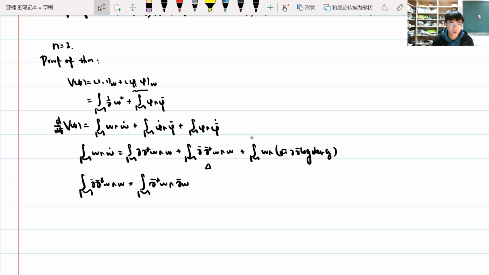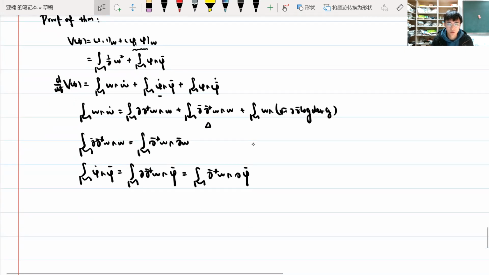And we can treat this term by integral by parts as well, using the fact that omega plus phi equals 0.